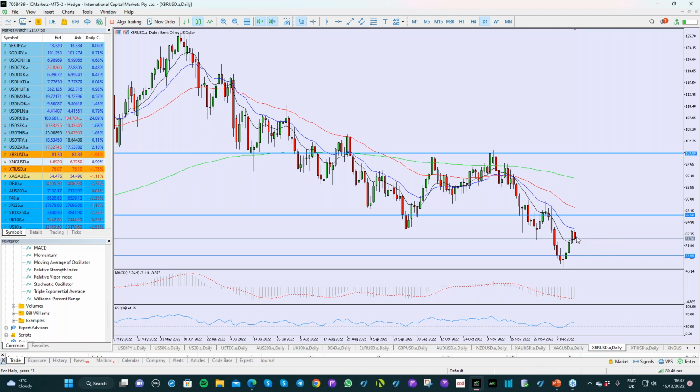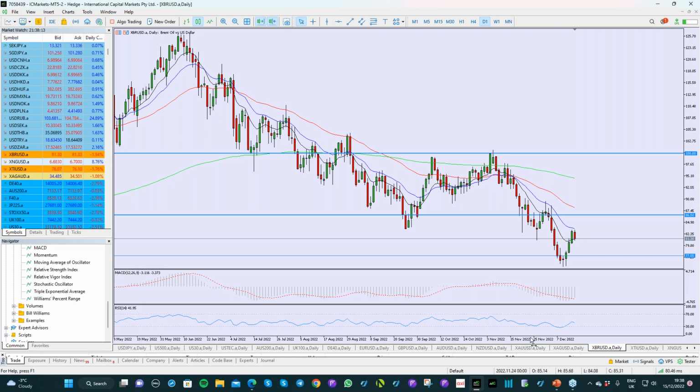And the fact that today so far, and it looks like today's candle is going to close as a bearish candle, that then gives me an indication that potentially the move to the downside could continue from here.